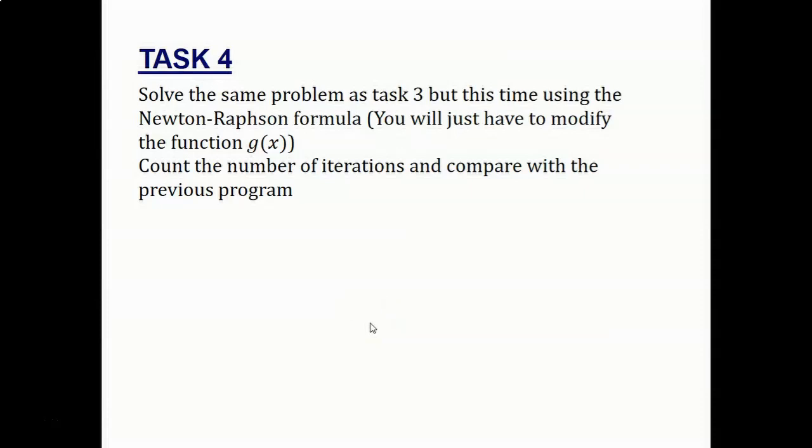Of course, you will use the analytical formula for f prime of x and f of x in this case. And then you will count the number of iterations, and you will compare to the previous program. And you will see that in this case, the Newton-Raphson formula will be much faster. So basically in 4 iterations, it will lead to convergence with a precision of 10⁻⁶.